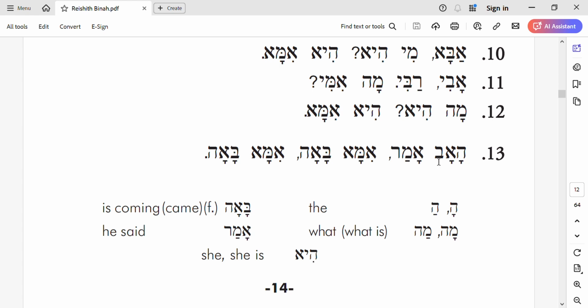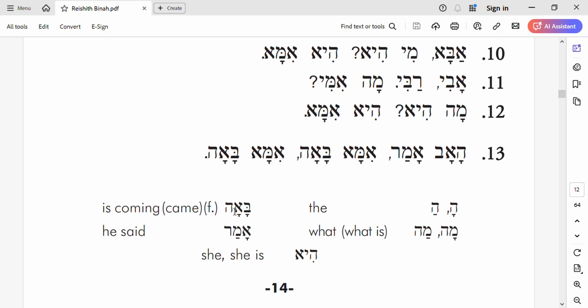Like in this example 13 right here, ha'av, the father, it will be joined with the noun. But it will just mean the. So ha'av is the father. Okay? Ma can also appear with a kamatz or patach. It means what is.